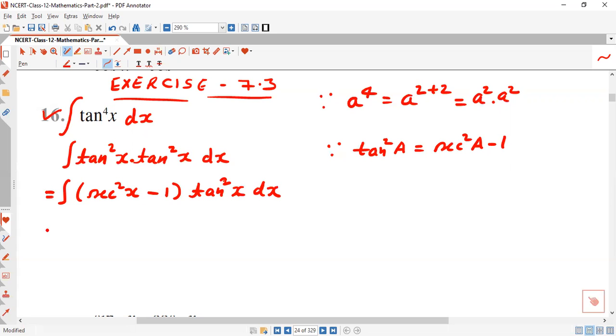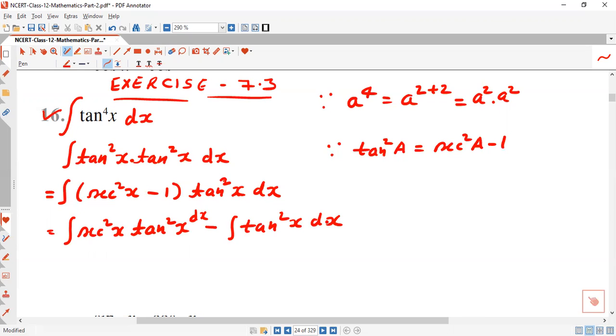Now separate the terms, open the bracket. We are getting the integration of sec square x tan square x dx minus the integration of tan square x dx.